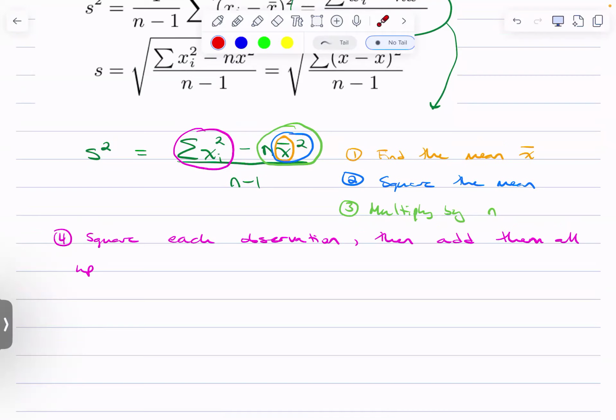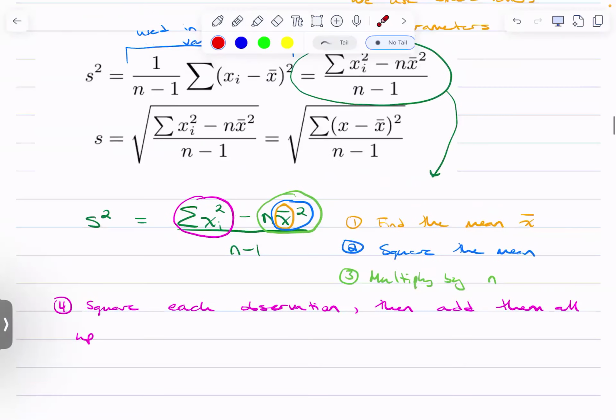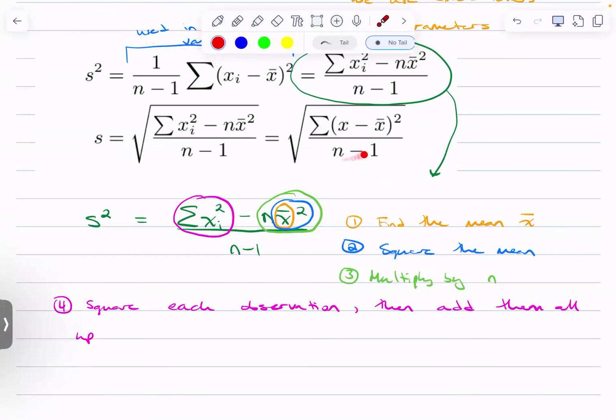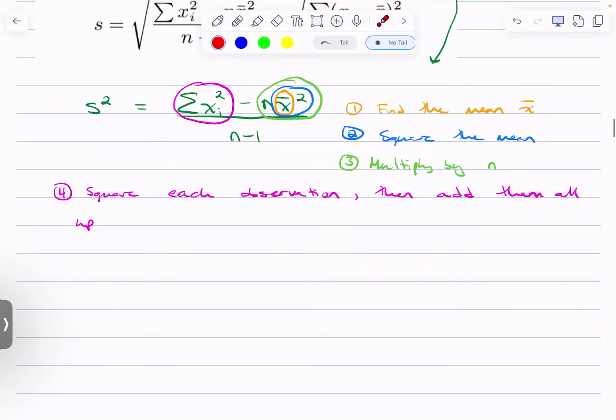I don't want to do an example of this one. I want to do an example of this one. We can do a little shorty example. So we're going to square each observation and then add them all up.